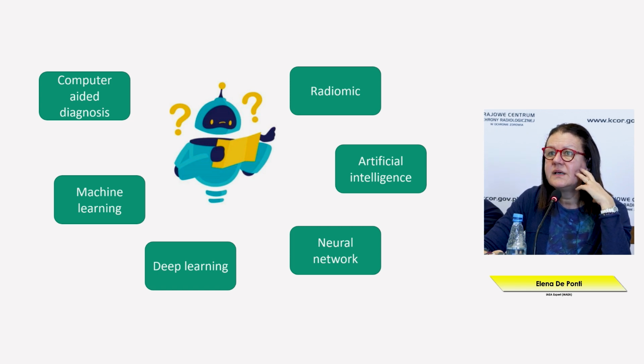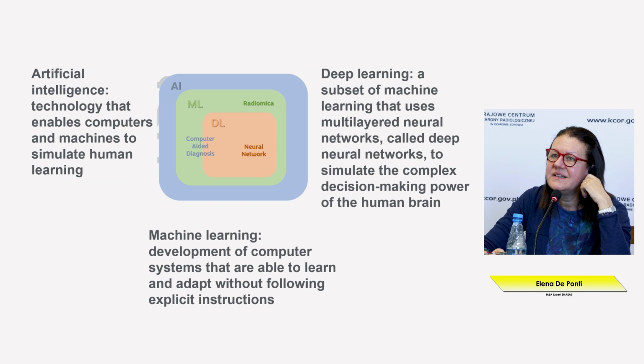Last part, artificial intelligence, many terms. We have many different words that we can use in artificial intelligence. This is a general scheme. Artificial intelligence is all the technology that enables a computer or a machine to simulate a human learning process.